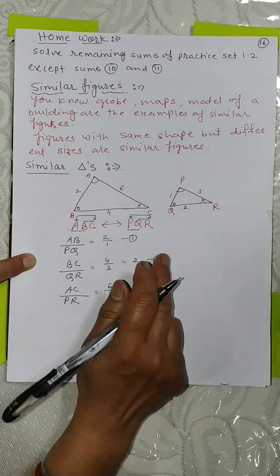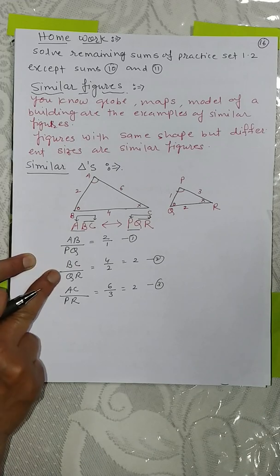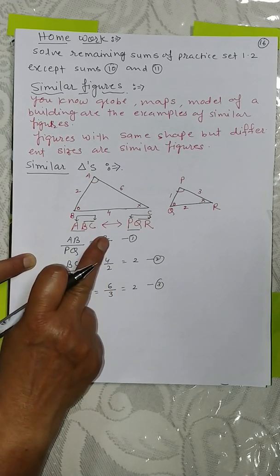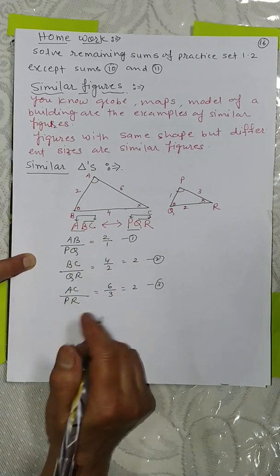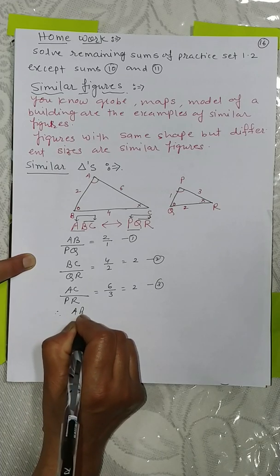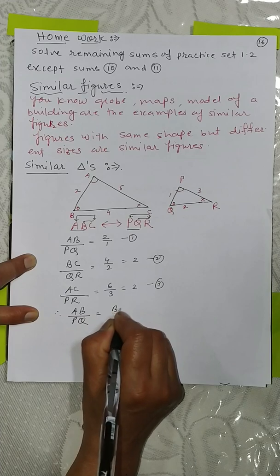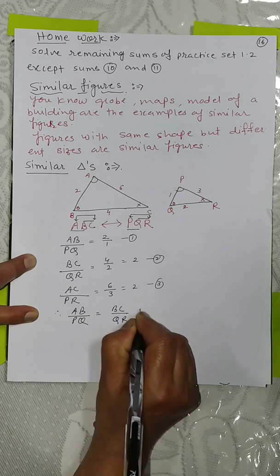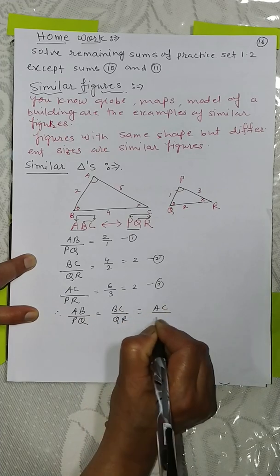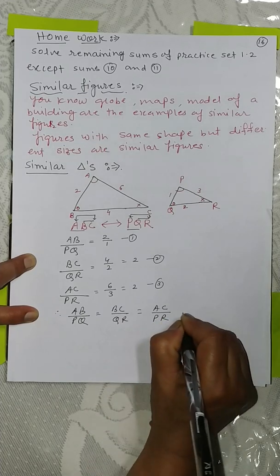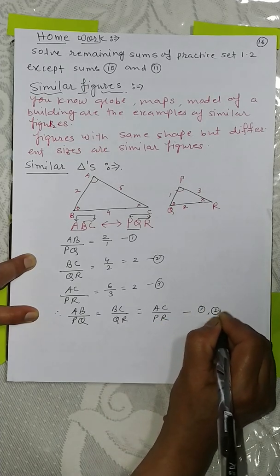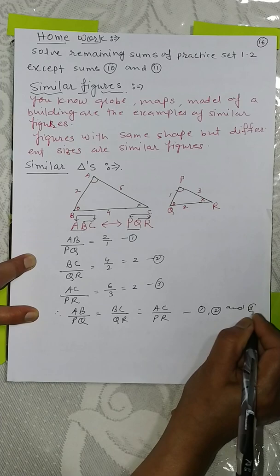So from this 1, 2 and 3, all these ratios are same. AB upon PQ is equal to BC upon QR, is equal to AC upon PR.